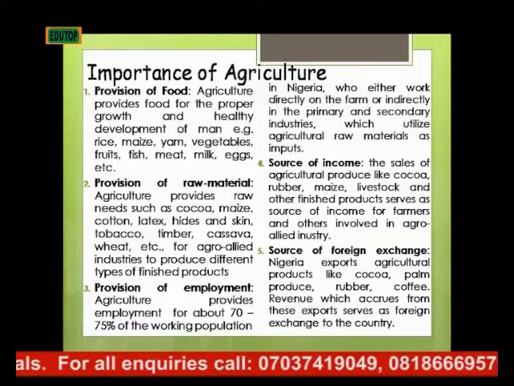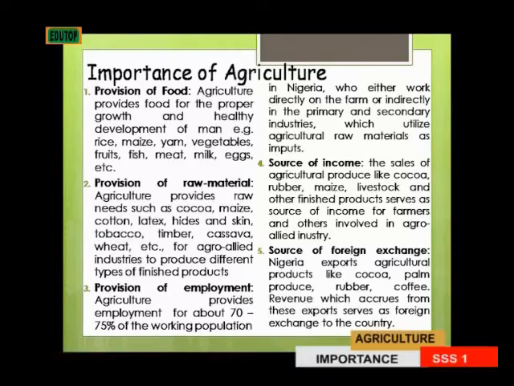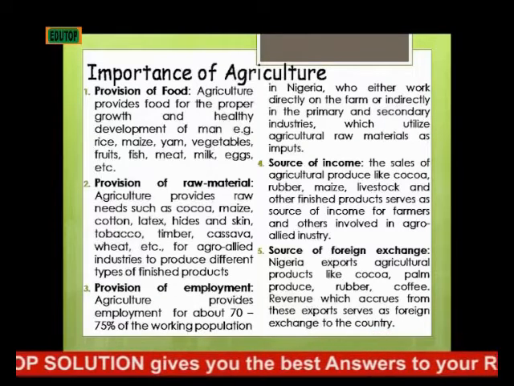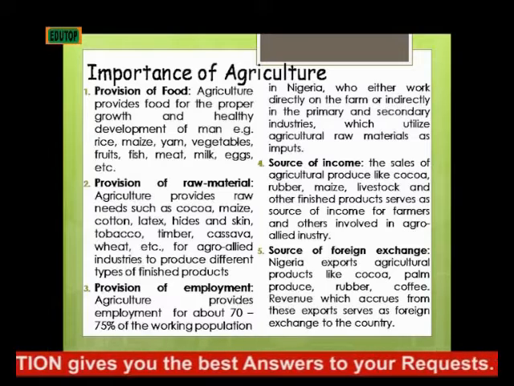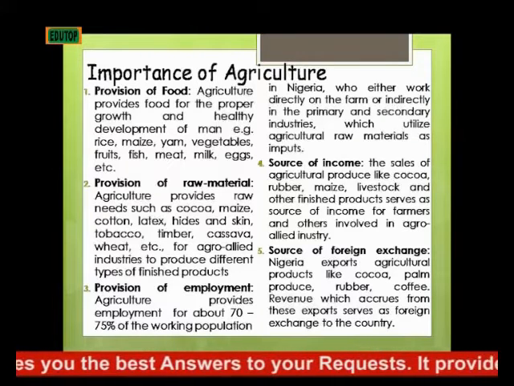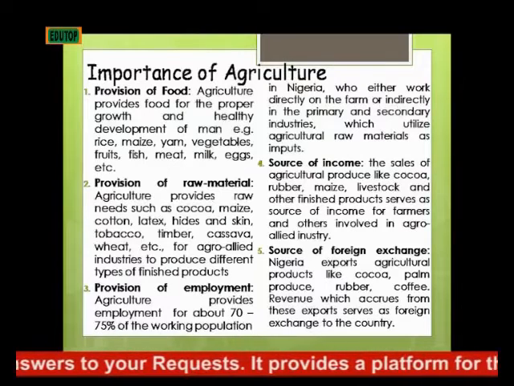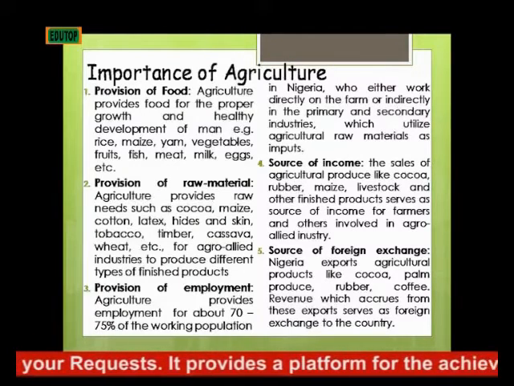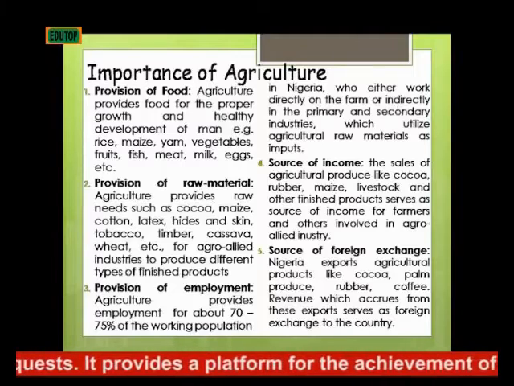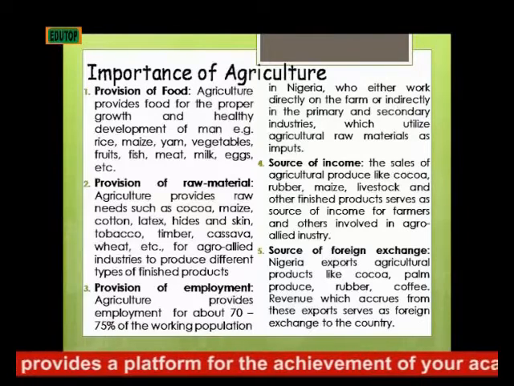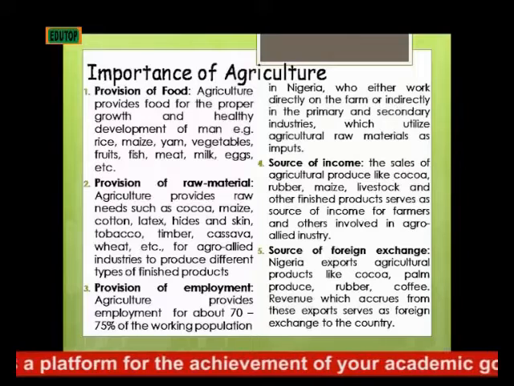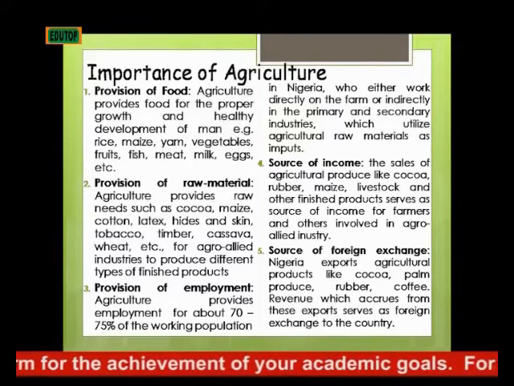Nigeria exports agricultural products and produce like cocoa, palm produce in the form of palm oil or palm olein, and then we have the PKO, that's palm kernel oil. That is, after we've removed the palm oil, and then we now break the shell of the palm kernel, the nuts, if we should extract the oil, we will have palm kernel oil.